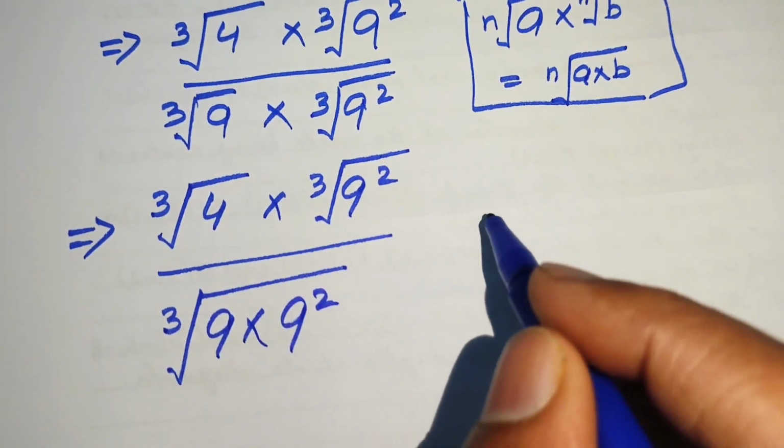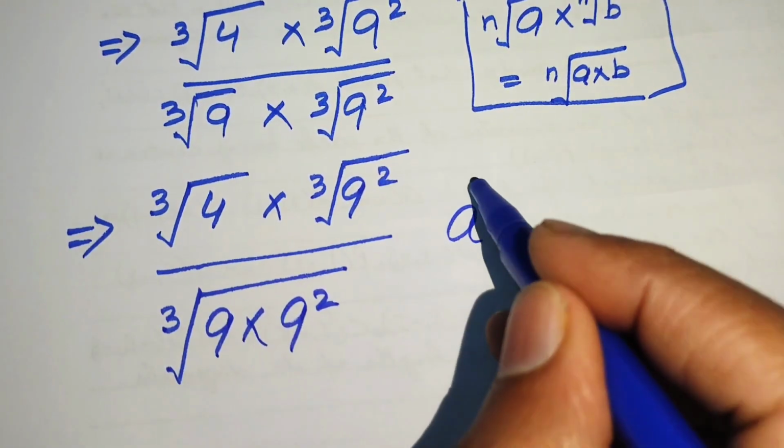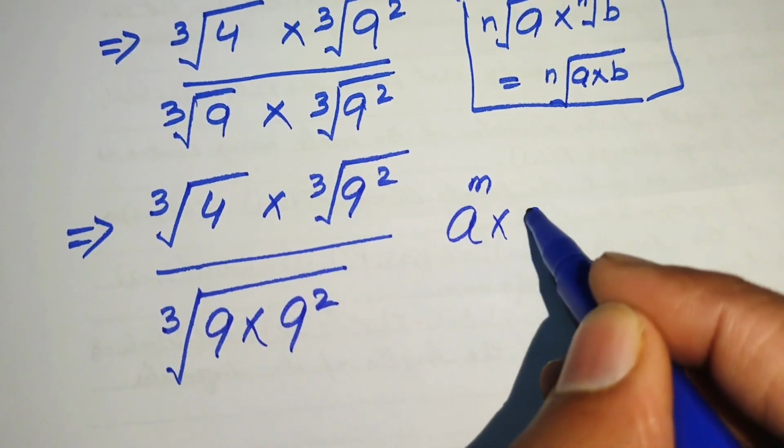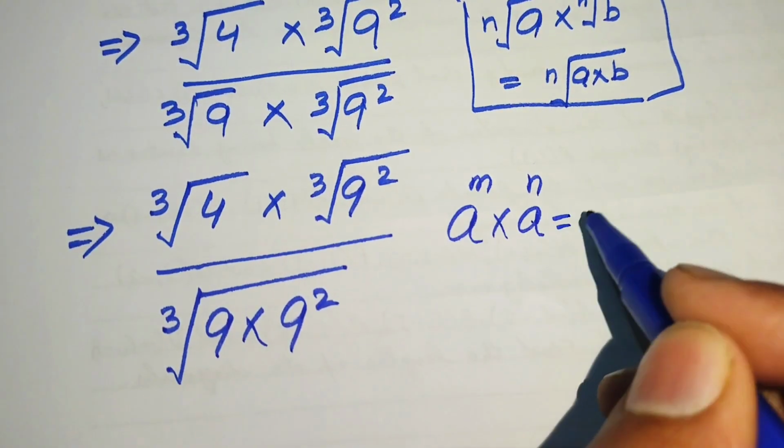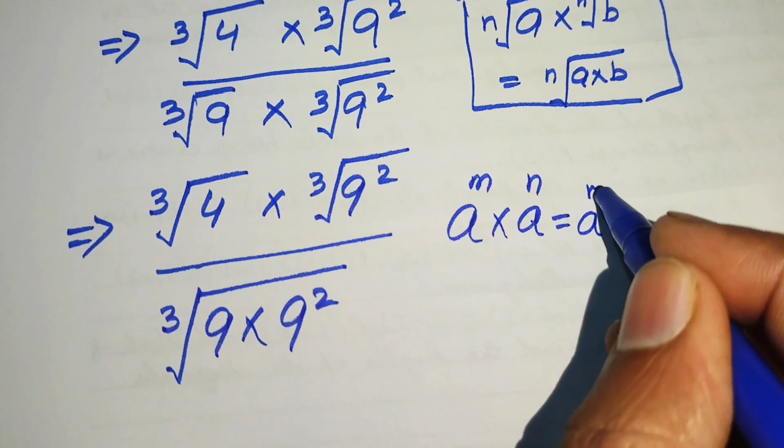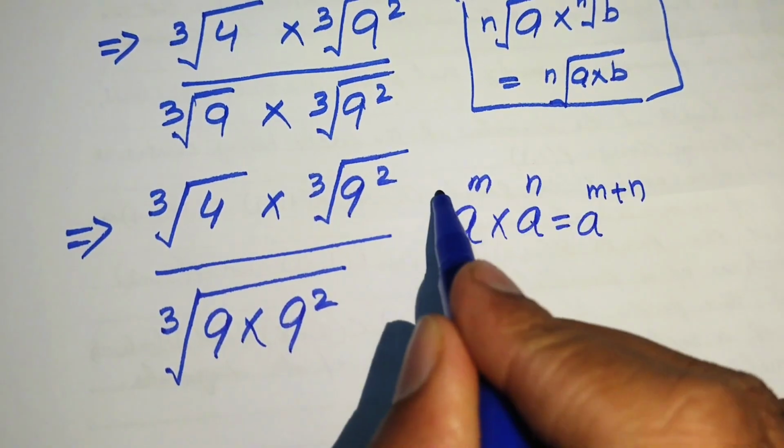And after that, we use another exponential law, and you know that if you have a to the power of m into a to the power of n, it will be written as a to the power of m plus n.